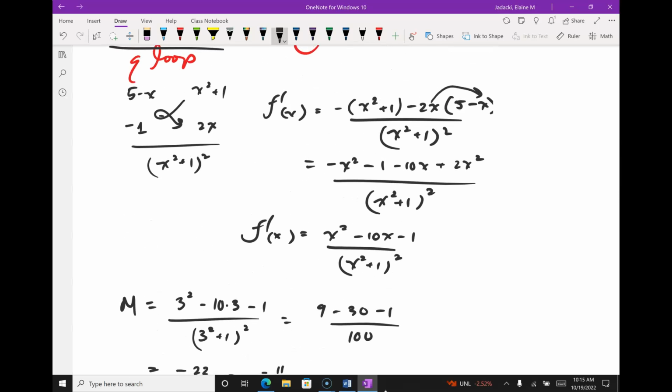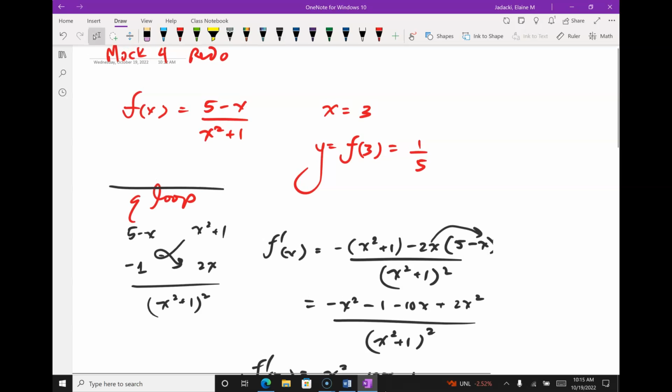Negative times quotient rule. You need that negative. The second piece is right. That piece should have a negative out front.